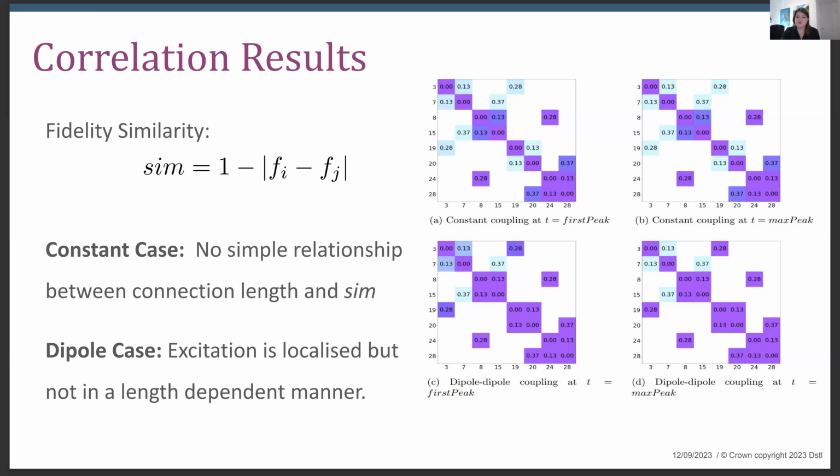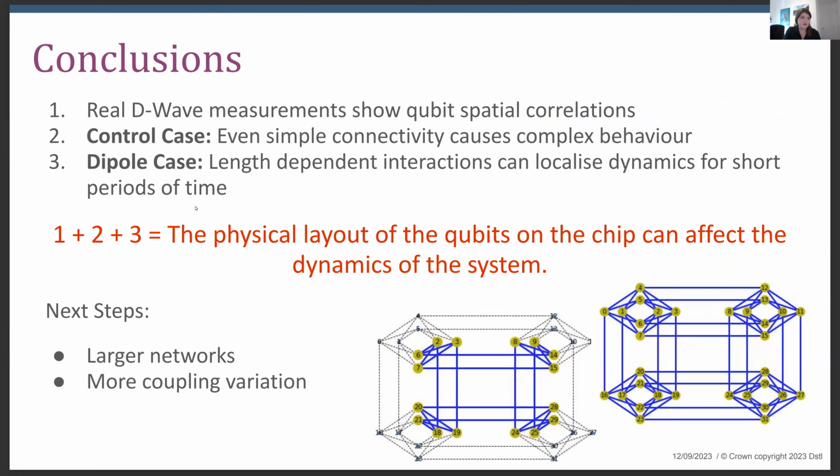And looking at the difference between the constant case and the dipole-dipole case, we can see that you get complex behavior even in what was our test control case. And that is to do with, even in this small network, the complex connectivity that runs between the different nodes in the network.